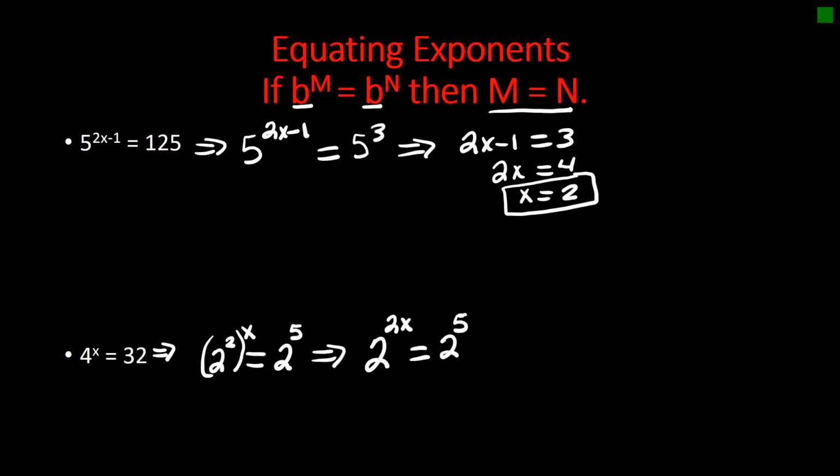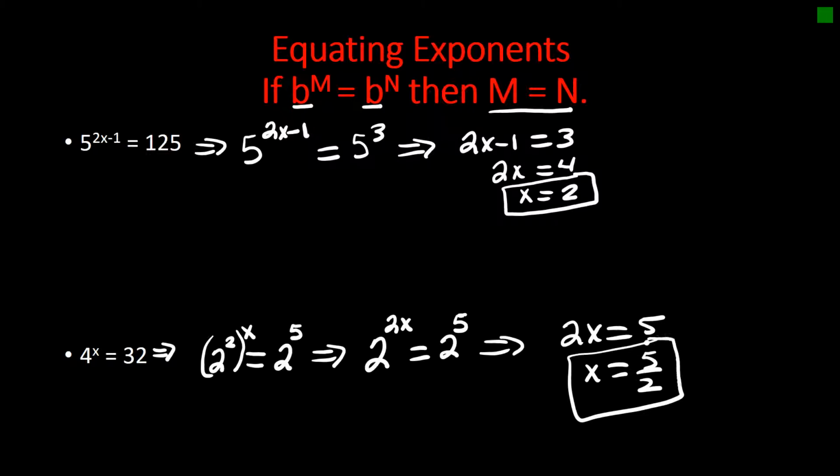So we have 2 to the 2x equals 2 to the 5th, which means 2x equals 5, or x equals 5 halves. So it's not always the case that you only have to change one side. You may have to change both sides of the equation to where you have a common base.